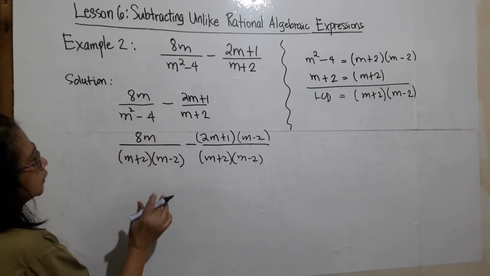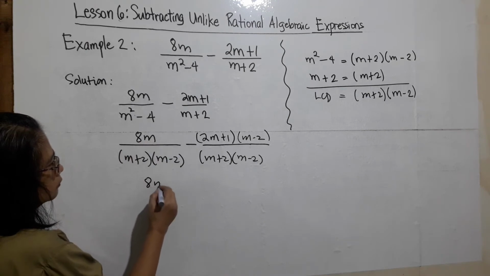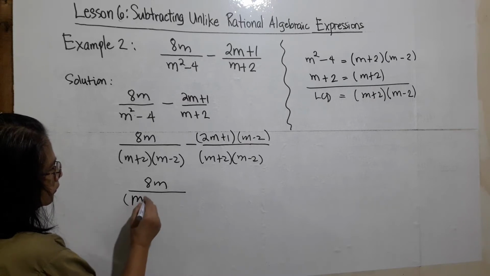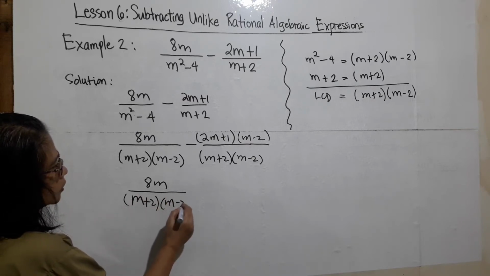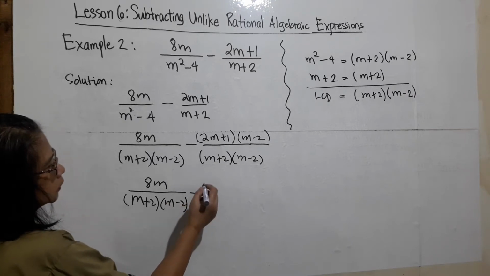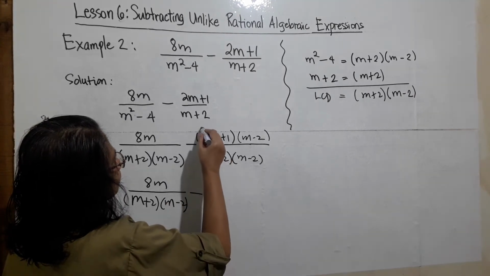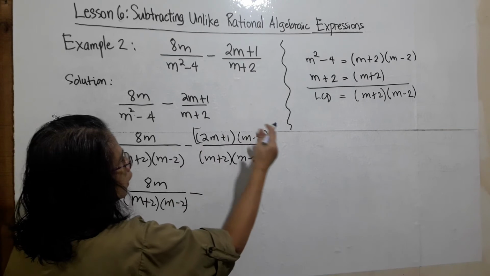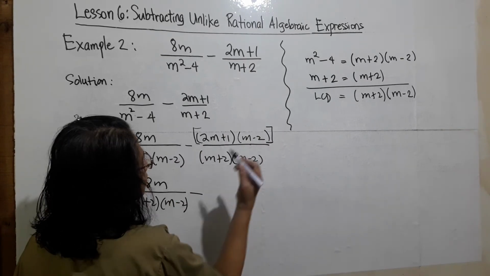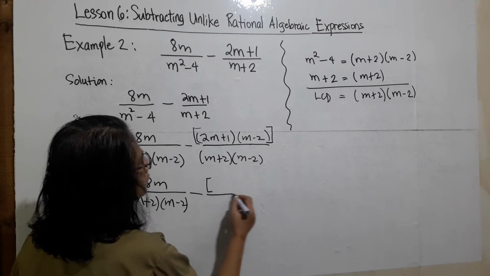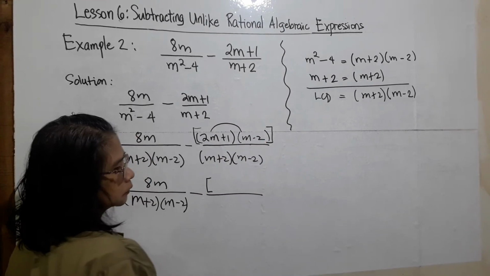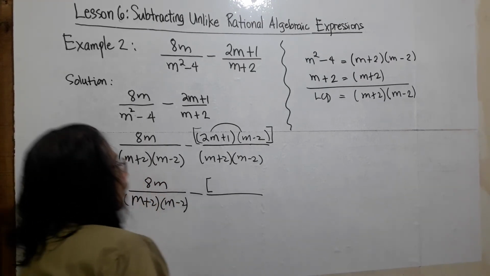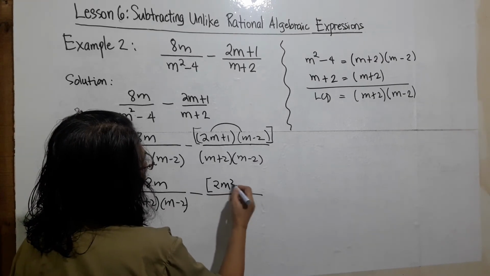Let's copy first the minuend, 8m over m plus 2 times m minus 2, minus. I first put the bracket here since parentheses are used in the subtrahend. There are two factors. So we have now 2m times m, which is 2m squared.